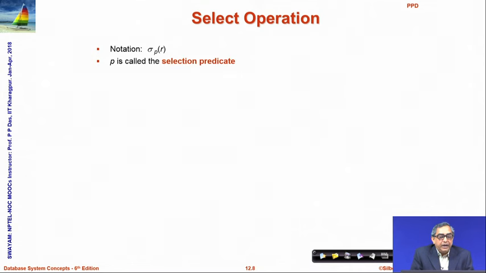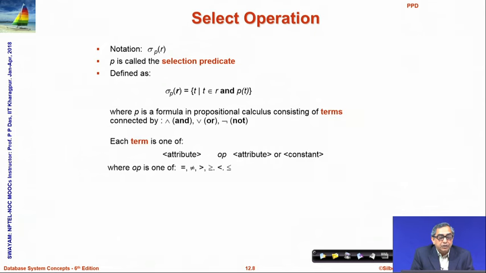Subscript p is a predicate. It is called the selection predicate, and within parenthesis we have a relation R on which this predicate applies. So, it is defined as a set where you collect all the tuples, all the rows designated by t, and you specify that t belongs to the relation.